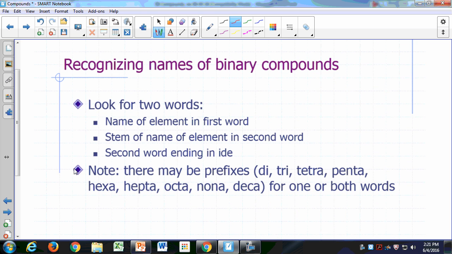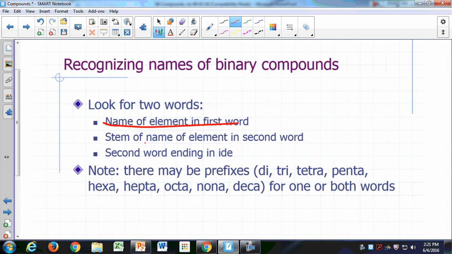Okay. So how can you recognize the name of a binary compound if I gave you one? I didn't give you the formula, but I give you the name. Well, you know binary, you should see the name of the elements in the 2 words, right? The first word should have the name of one element, which may or may not have a prefix. And then the second word, you're not going to see the full name.